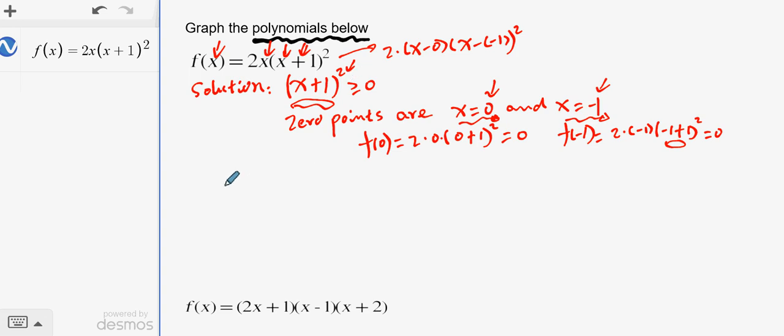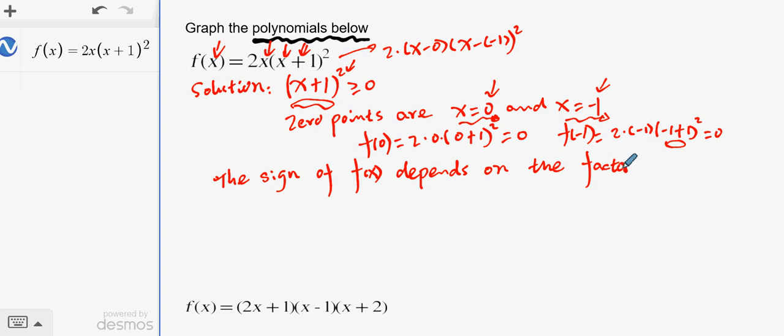So here you may say the sign of f of x depends on the factor x.